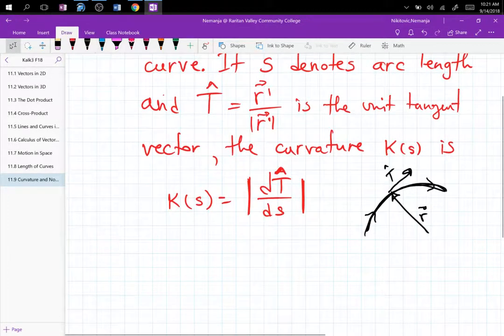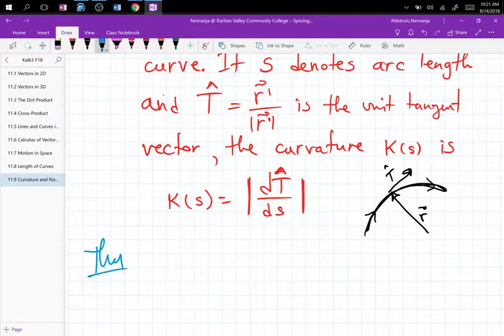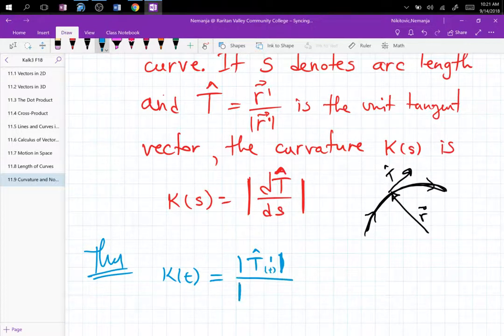Let's say in blue is the theorem, and I'm going to write the formula: K of t, because it's a curvature, but now it's with respect to parameter t, is given as the magnitude of T hat prime of t divided by the magnitude of r prime of t.